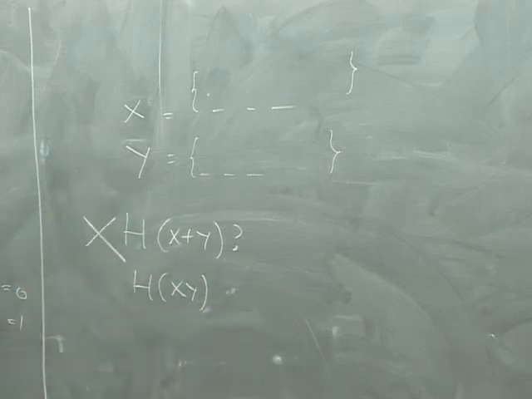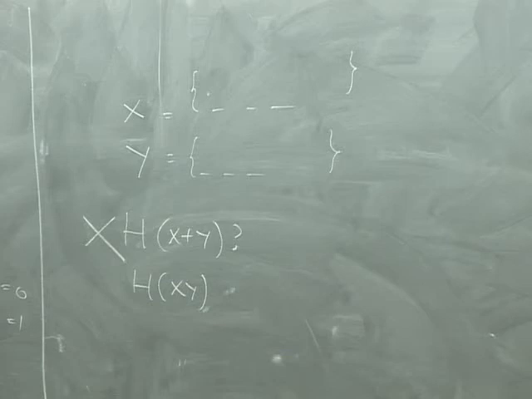If you solved H of x plus y, you would have gotten the wrong thing, because H of x plus y is very complicated. I found a paper on this, and all you can do is an upper bound. It is a very difficult thing to compute. So if you computed it, it was wrong.